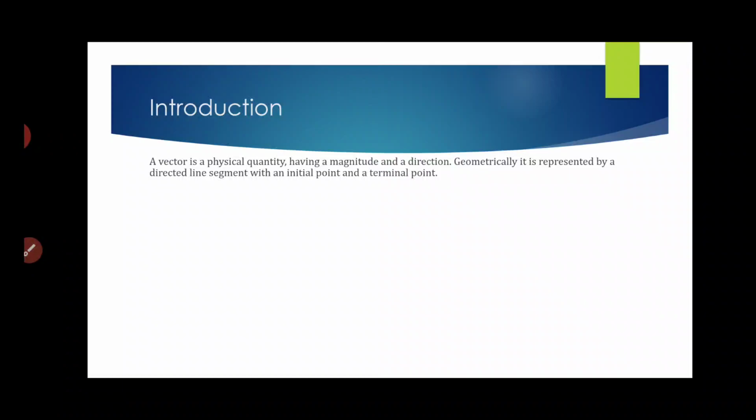Now, geometrically, if you represent a vector, it is always represented by a directed line. Directed line means there is like a ray which has got an initial point and a terminal point.